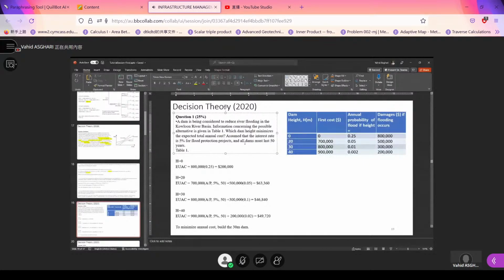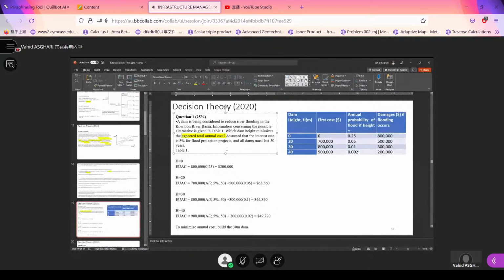Let's talk about it for all of them. It is highlighted in the exam that you need to find the expected total annual cost. It is very clear, right?